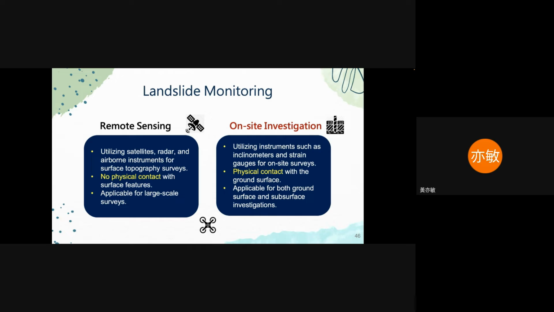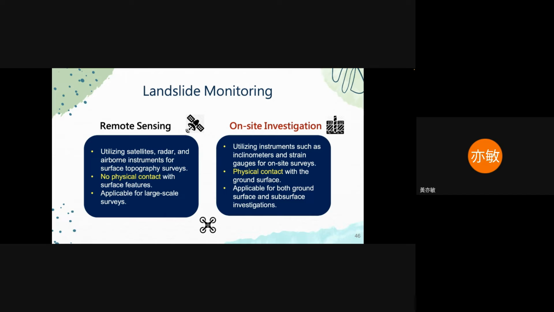So for landslide monitoring, you either choose remote sensing to help you obtain the local condition image, or you send experts to go on the site and do some investigation, relying on different sensors, or on your eyes and your own professional knowledge.